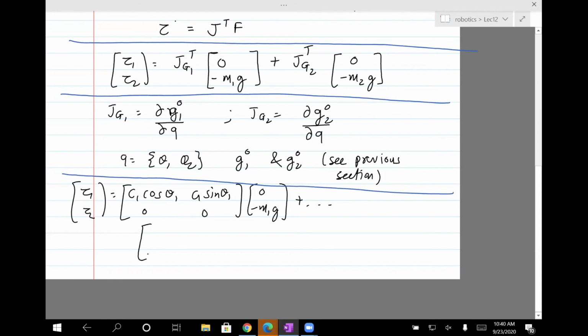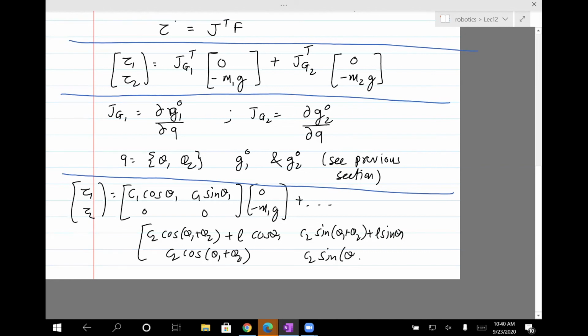The first column is C2 cosine of theta 1 plus theta 2 plus L cosine theta 1, C2 cosine of theta 1 plus theta 2. The second column is C2 sine of theta 1 plus theta 2 plus L sine theta 1, C2 sine of theta 1 plus theta 2. Then we have 0, minus M2G.